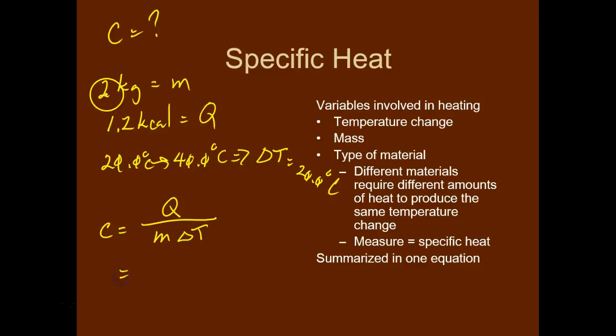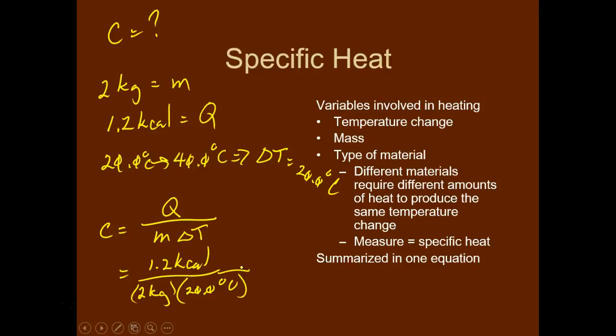So you already know this Q, that's 1.2 kilocalories, divided by the mass we had as 2 kilograms, and the delta T we found out was 20.0 degrees Celsius. Let's see what we get.